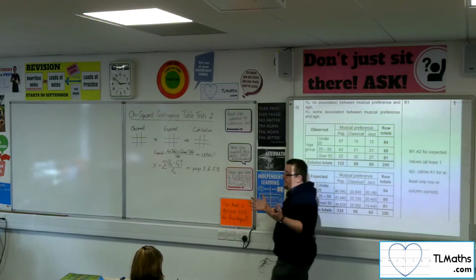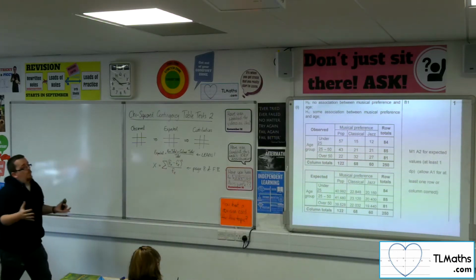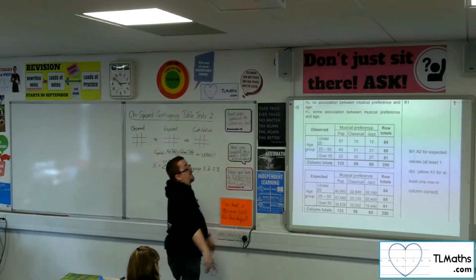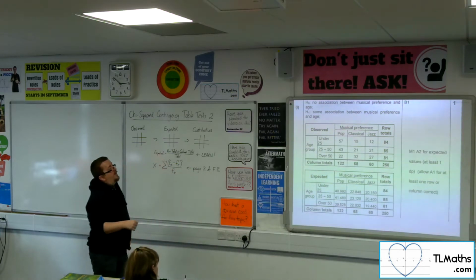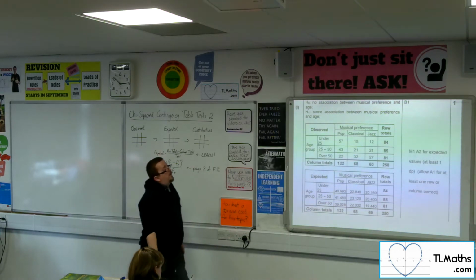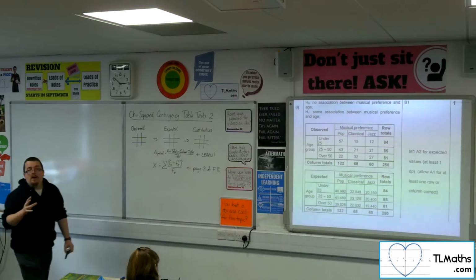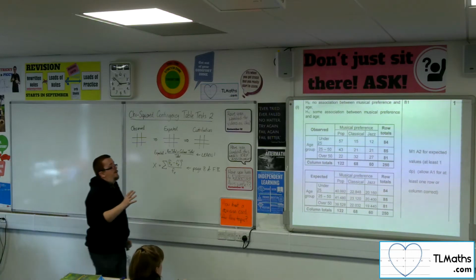There's no underlying distribution to talk about, so there's no kind of 'let so-and-so be this' at the start. So H0, no association. H1, the alternative, is some association between musical preference and age. They are always the same stock phrases for the hypothesis test for chi-squared.